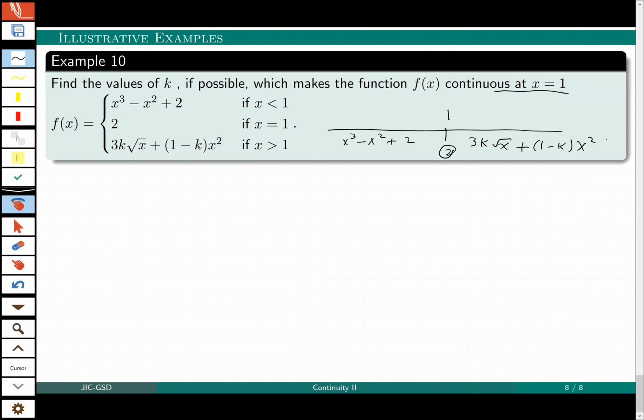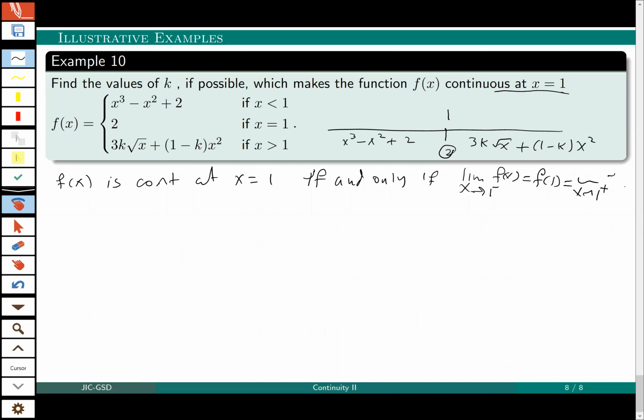So f of x is continuous at x equal to 1 if and only if the limit when x goes to 1 from the left must equal f at 1, which must equal the limit when x goes to 1 from the right. So I have 3 parts, 1, 2, 3, that need to be calculated.